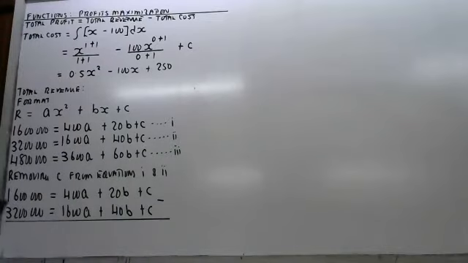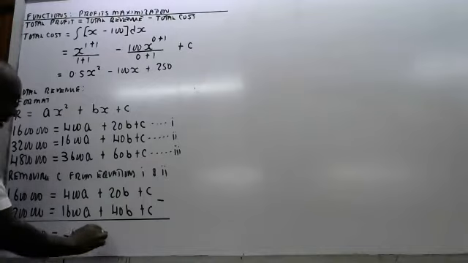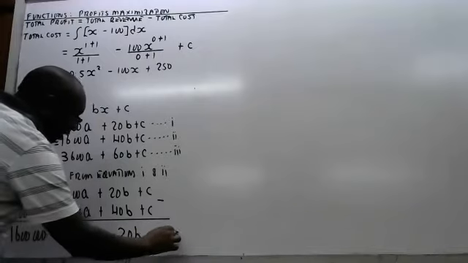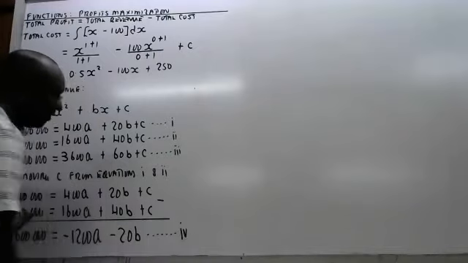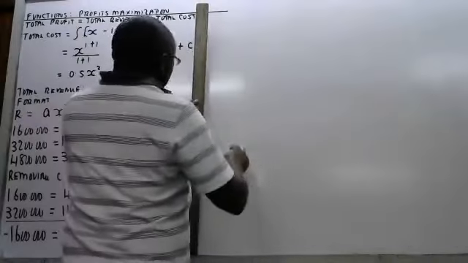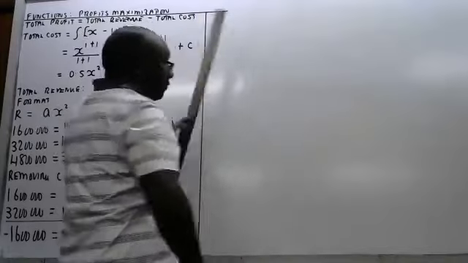When you subtract, you are left with minus 1,600,000 equal to minus 1,200A minus 20B, and this one you call equation number 4.